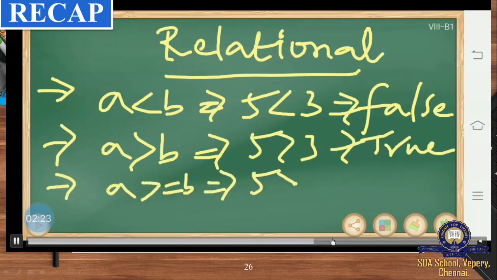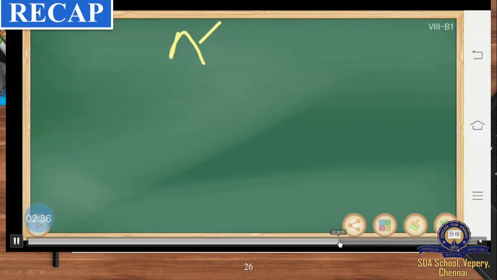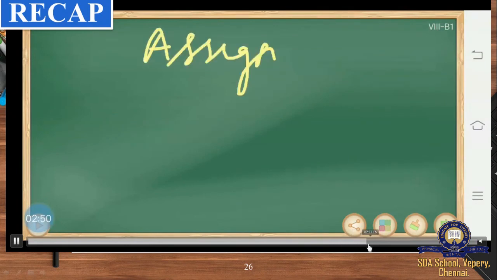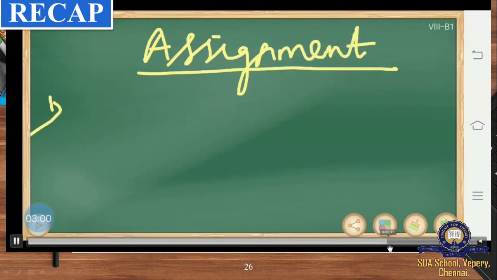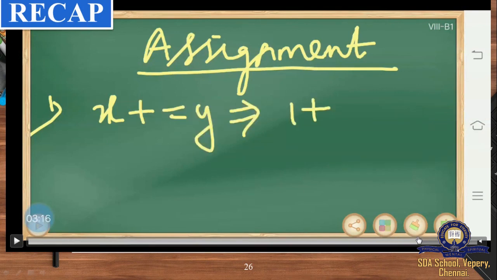And next one, the assignment operator. Assignment operator means the equal to sign is very important. So x plus equal to y gives you the x value taken and added with y. x equals x plus y. If it is x plus equal to 3, what happens? x equals x plus 3.